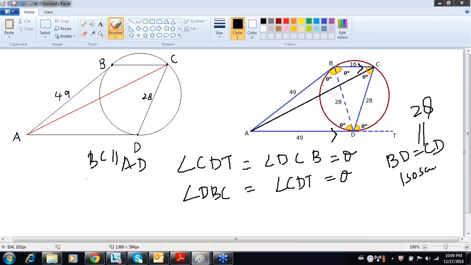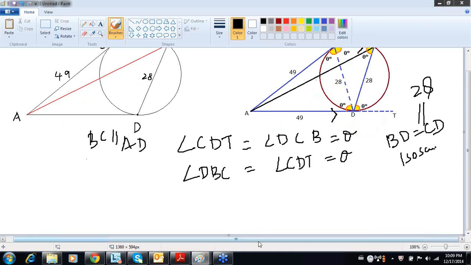Now see the triangle ADB. Angle ADB will be equal to angle DCB. Again, we can use the alternate segment theorem.